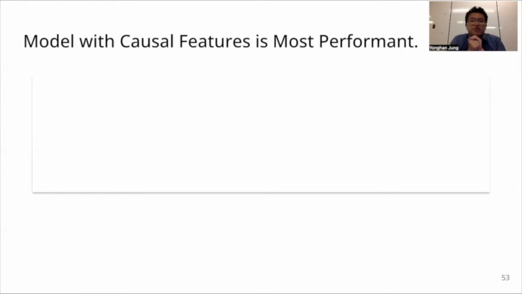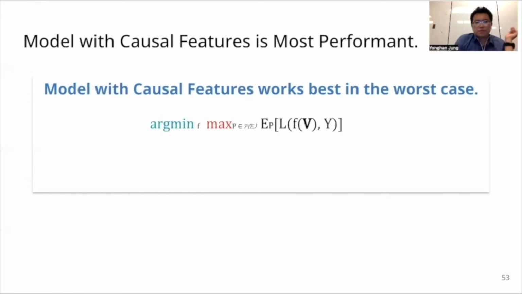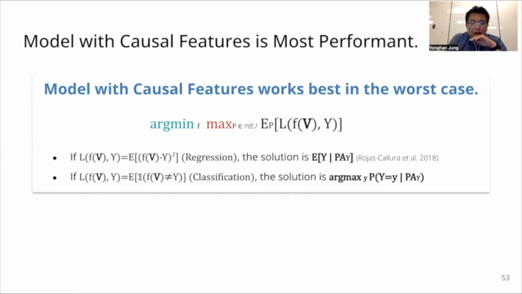And here's some interesting research showing that prediction models with causal features are the most performant ones. Specifically, this is the math problem that we want to solve for approach two.